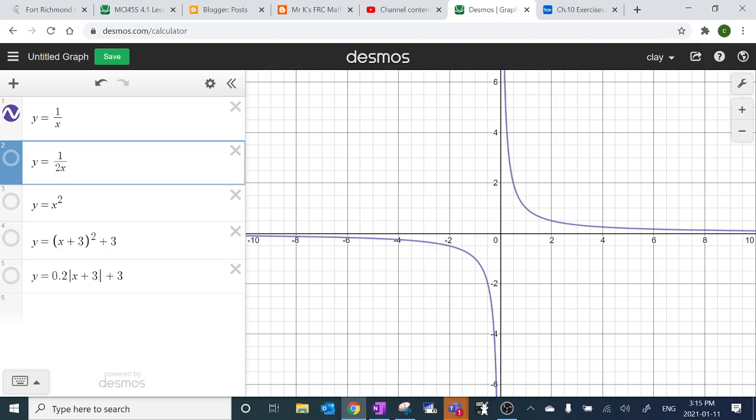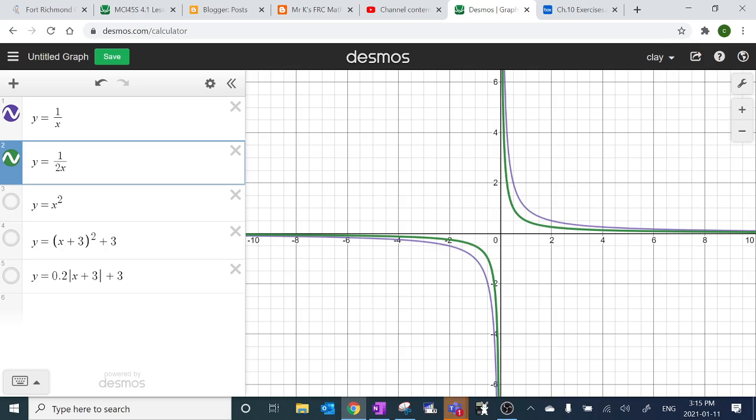All the 5 did was shift us to the left. What did the 2 do? It kind of made it skinnier, narrower. And if you kind of think about it, that's what it did to the other things too. It made the y values get closer to the y-axis, or at least closer faster as you moved along x.